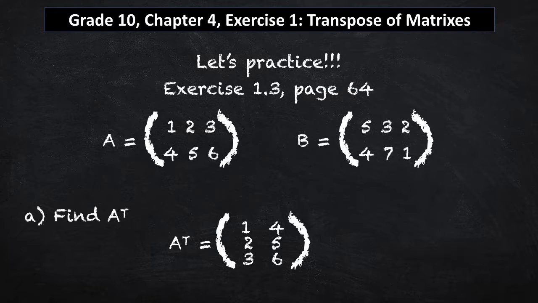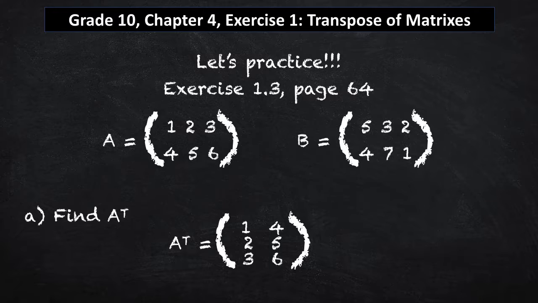You see that the first column of the matrix A has the numbers 1, 4, and now it has become the first row of its transpose. The second column, which has the numbers 2, 5, has become the second row of the transposed matrix. In the same way, the third column of the matrix A, which has the numbers 3, 6, has become the third row of the matrix transpose A.